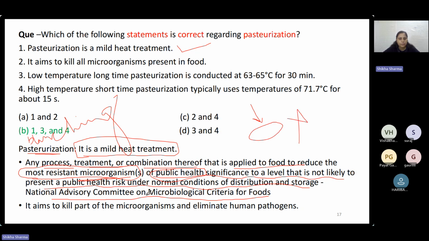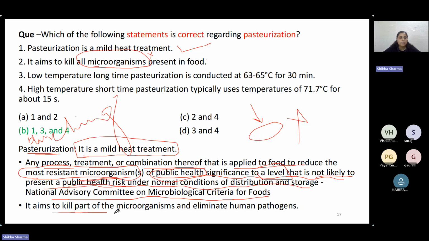The level is such that they are not likely to present a public health risk when the product is stored at normal conditions like room temperature or ambient condition. But the second statement says that it aims to kill all microorganisms present in the food, which is not correct.